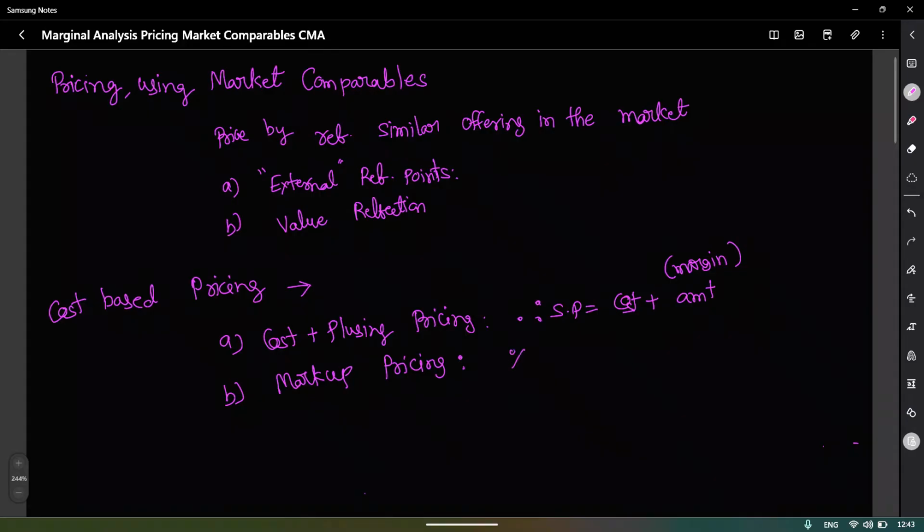A percentage we will add to the cost as a markup. So in this case we are not comparing with the competitors, right? We are doing it only based on our costs.